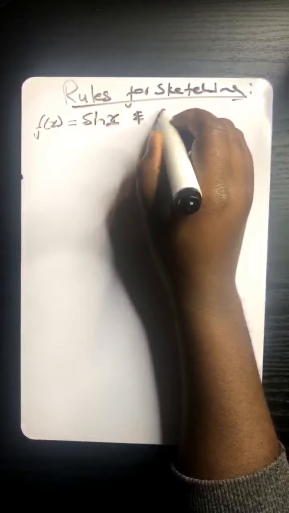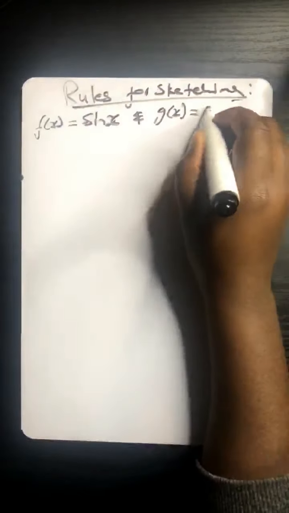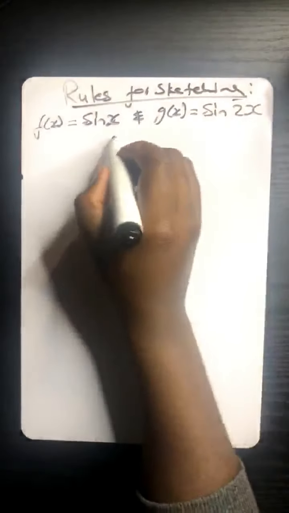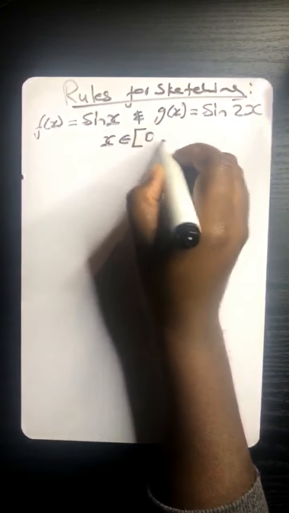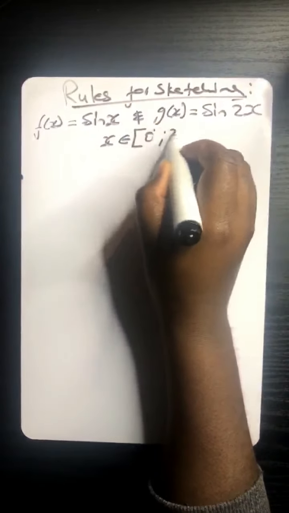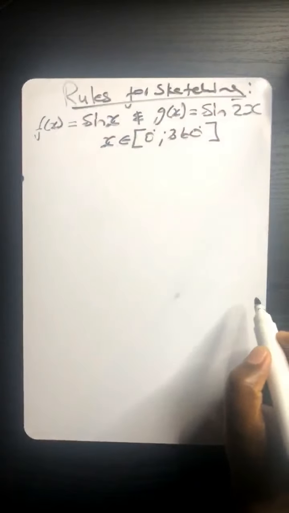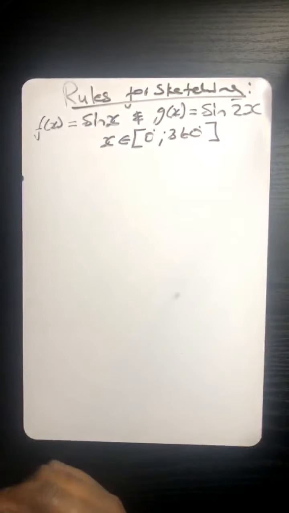And again, let's sketch g of x equals sine of 2x at an interval where x is an element of 0 degrees to 360 degrees. Let me firstly take you through the rules of sketching.